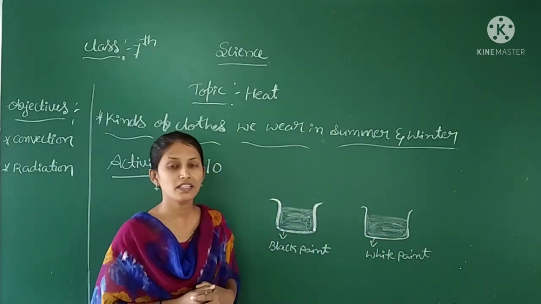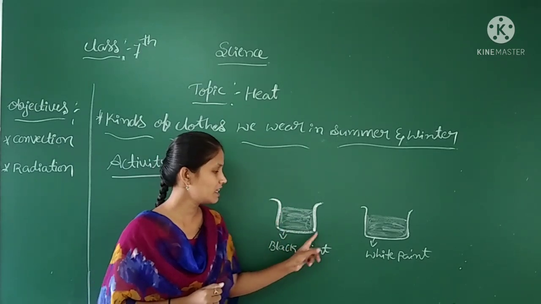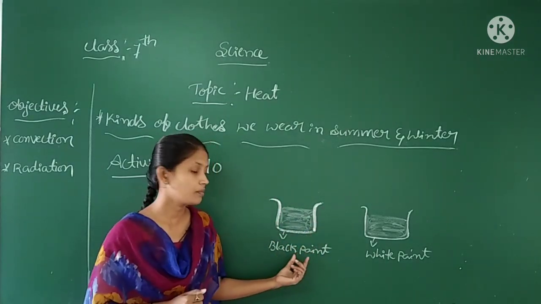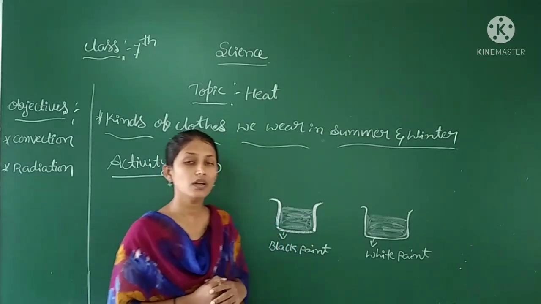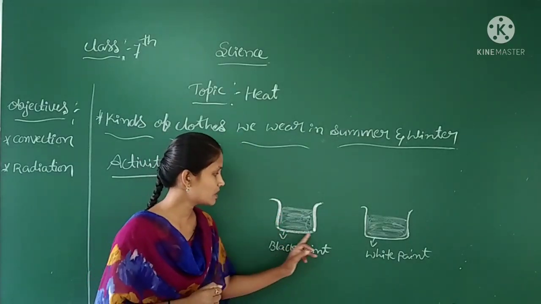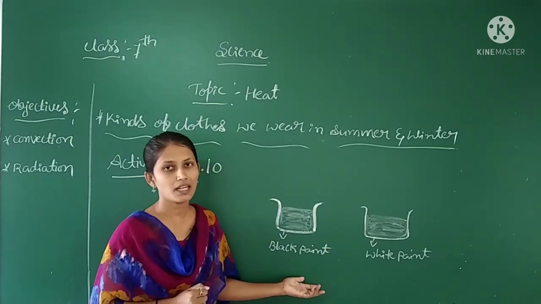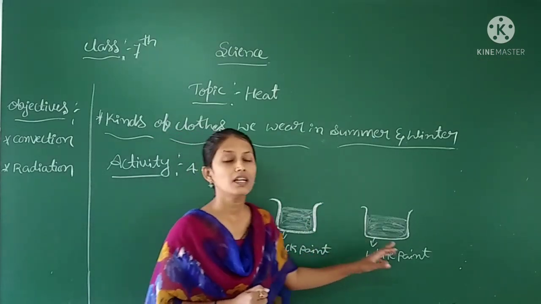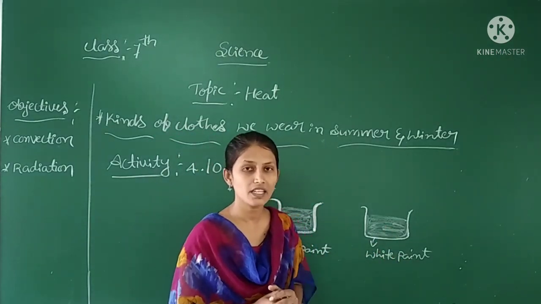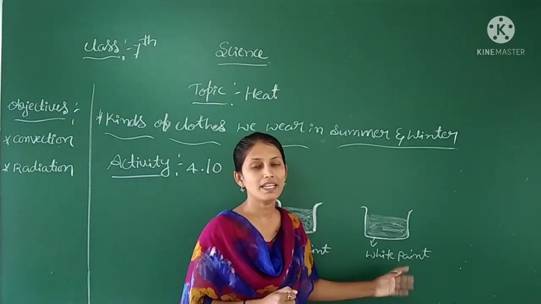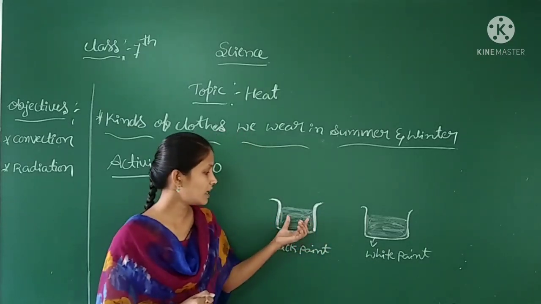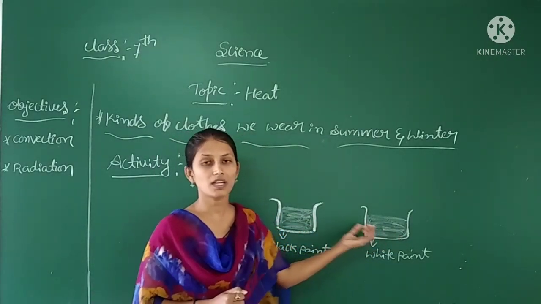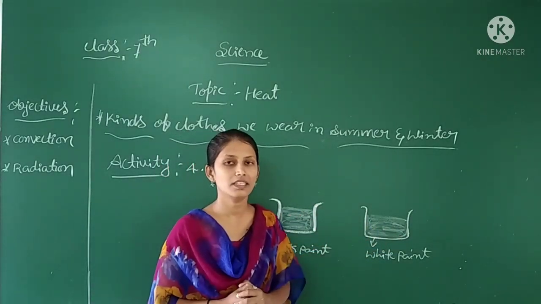You have to paint the outer surface of one tin can with black paint. Next, paint the outer surface of the other tin can with white paint. Later you have to add an equal amount of water in both tin cans.